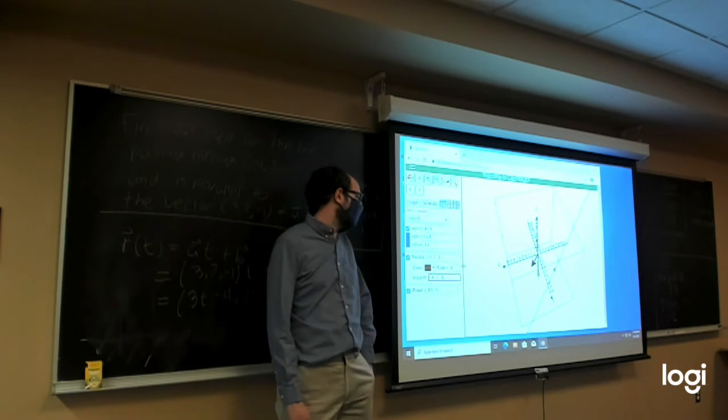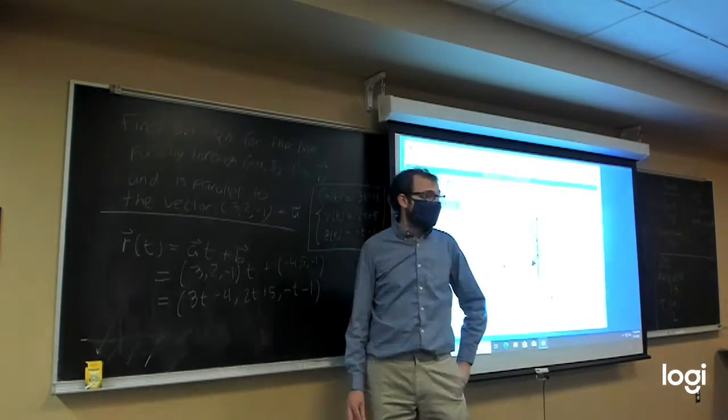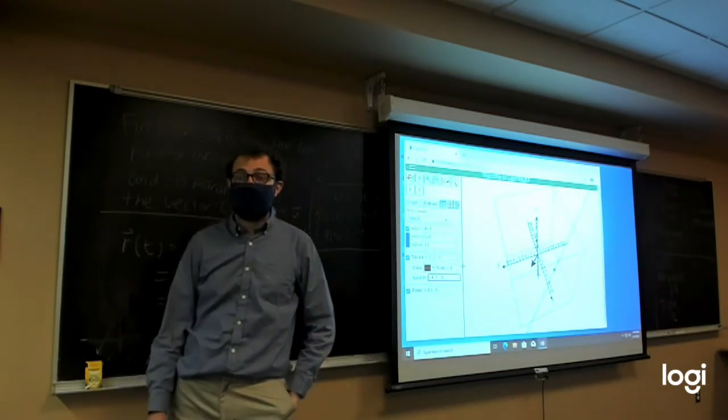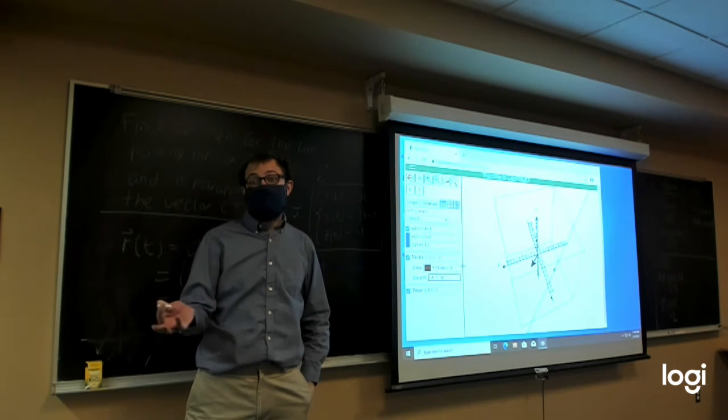In other words, what would it look like to move this so that it starts at that point? It'll be orthogonal to the line. It'll be orthogonal, so perpendicular to the line?